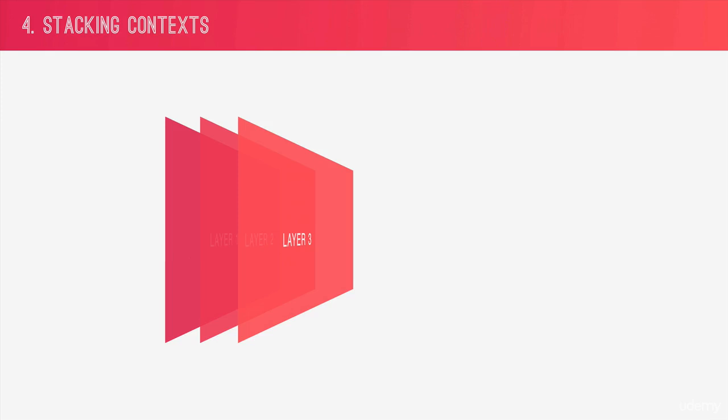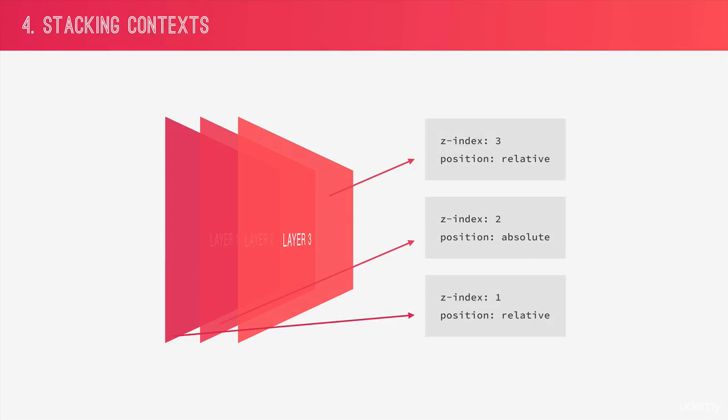Now, stacking contexts are like layers that form a stack. Layers on the bottom of the stack are painted first, and elements higher up the stack appear on top, overlapping the elements below them, just like you see on the slide. In this example, we have three stacking contexts, because each element uses the z-index property on an either relatively or absolutely positioned element. And that's one way of creating a new stacking context.